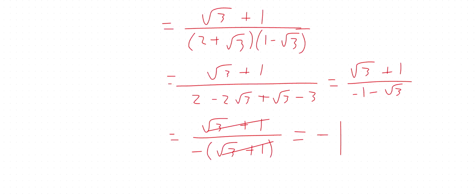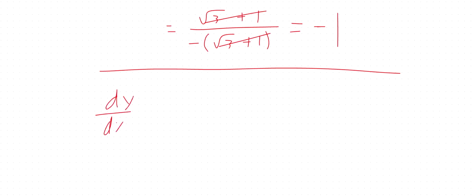Now, if we want to find out where we have vertical and horizontal tangents, let's write our equation down again. This is where having it in the factored form will come in handy.